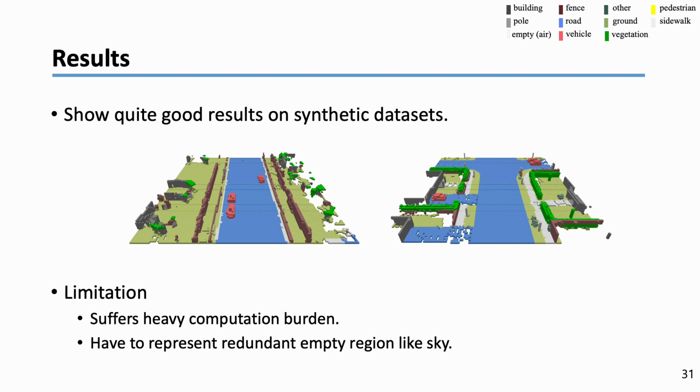However, SSD compressed the scene into a 3D latent, which inevitably incurred computational overhead. In addition, there are many empty regions like sky in the semantic map that are not important to model, but must be represented by voxels. So it makes it difficult for the model to focus on small objects.